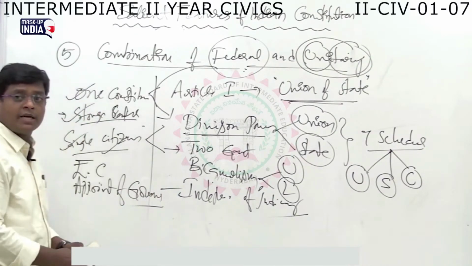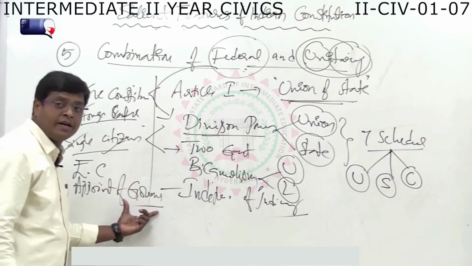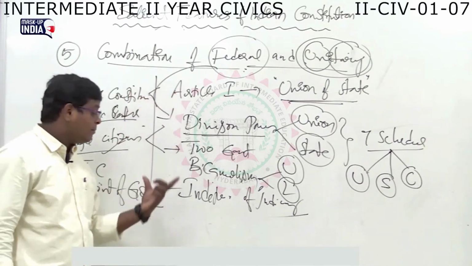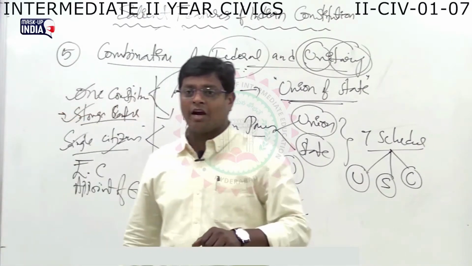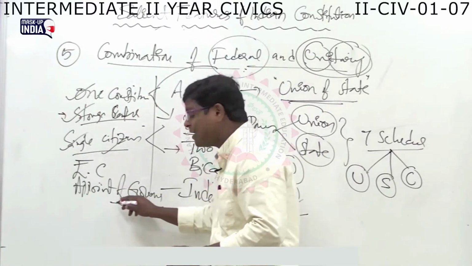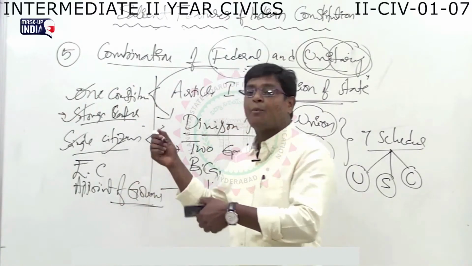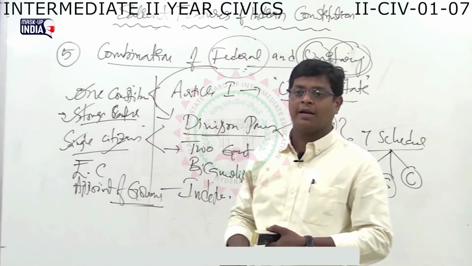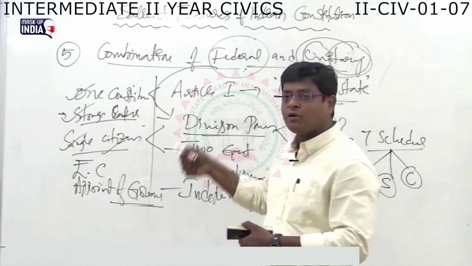Governors are appointed by the President of India. The President comes under the central government, but the governors work in state government. The governor is the head of the state, but he is appointed by the central government. Does it come under unitary feature or not?